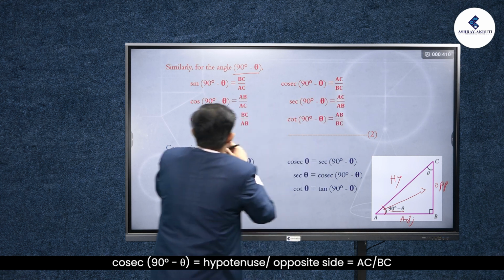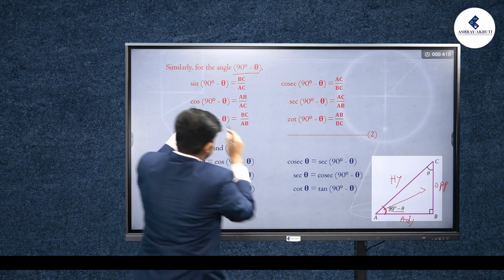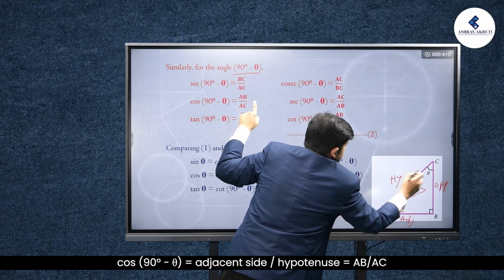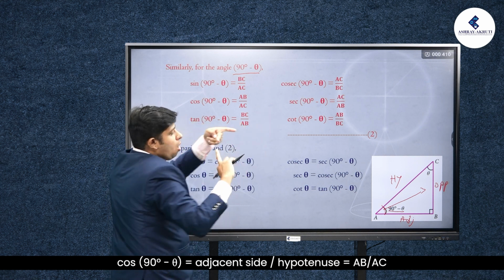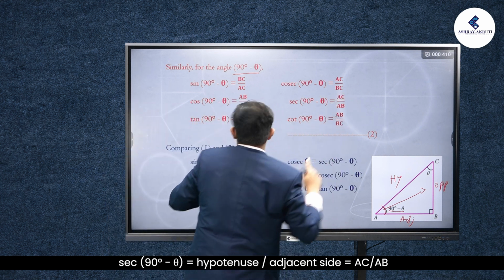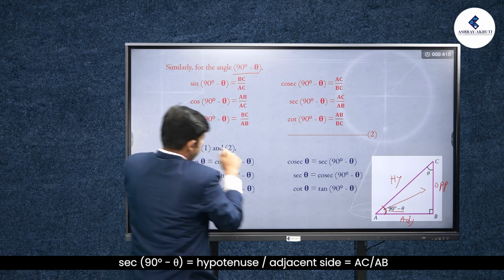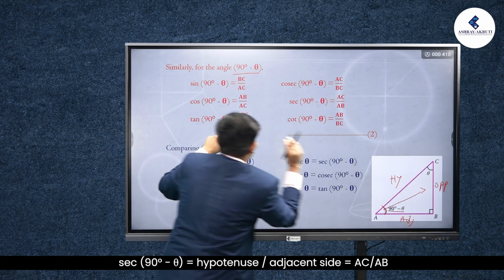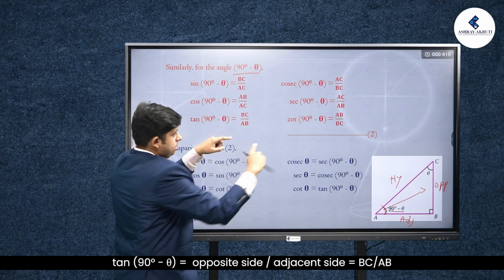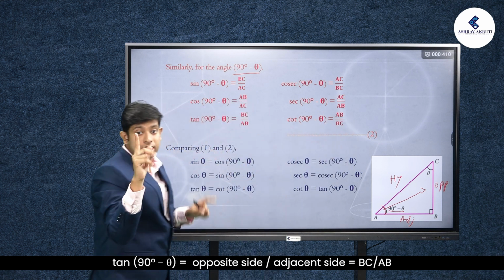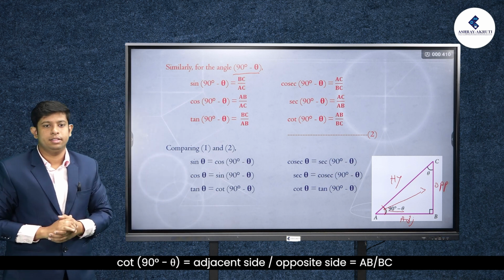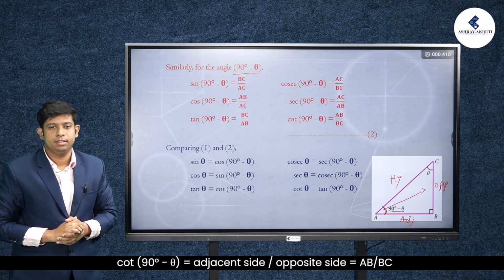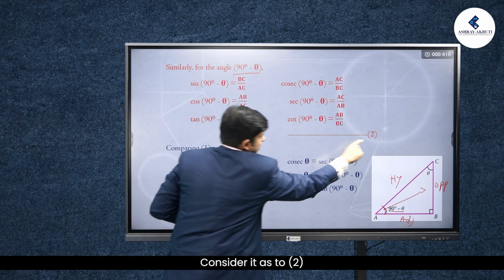Cosecant 90 minus theta is equal to hypotenuse by opposite side, that is equal to AC by BC. Cos 90 minus theta is equal to adjacent side by hypotenuse, that is equal to AB by AC. Secant 90 minus theta is equal to hypotenuse by adjacent side, that is equal to AC by AB. Tan 90 minus theta is equal to opposite side by adjacent side, that is equal to BC by AB. Cot 90 minus theta is equal to adjacent side by opposite side, that is equal to AB by BC. Consider it as 2.